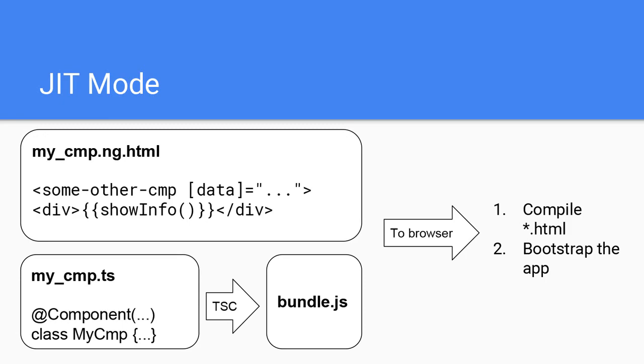So what happens here is we have our component, we have our TypeScript first, right? My component, we write it in TypeScript, the TypeScript compiler turns it into JavaScript, puts it in some bundle, there's some optimizations, a lot of things happen on the JavaScript side. On the HTML side, nothing happens.